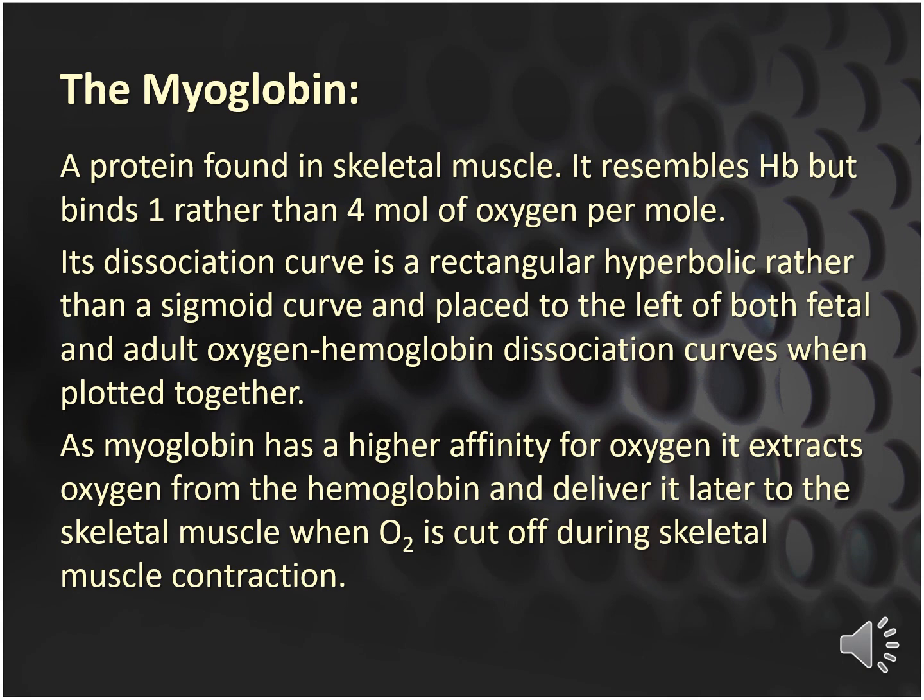In other words, it acts as a holder, a reservoir for the oxygen inside the skeletal muscle, and once the oxygen is cut off from the hemoglobin, it will deliver the oxygen to the skeletal muscle just to overcome the cut off of oxygen.